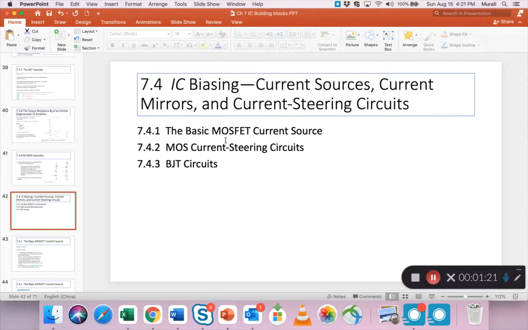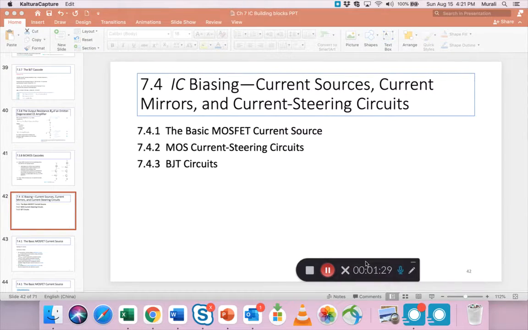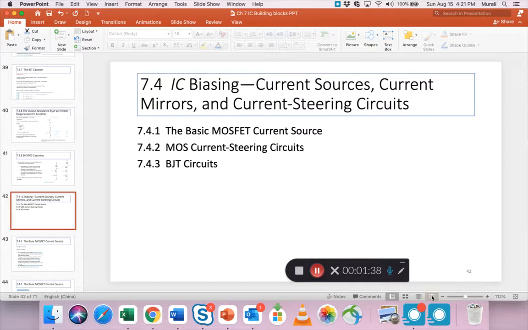And then the same three things we learn about as applied to BJTs in 7.4.3. Okay, all right. So with that introduction and this recording, I'll just do the theory of this, and the next we'll do numerical examples and problems.